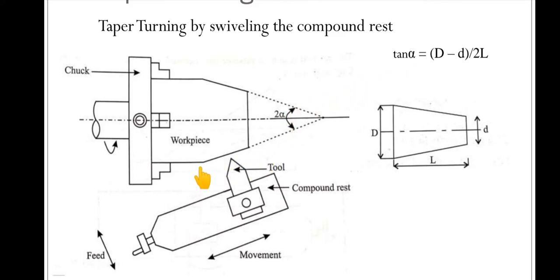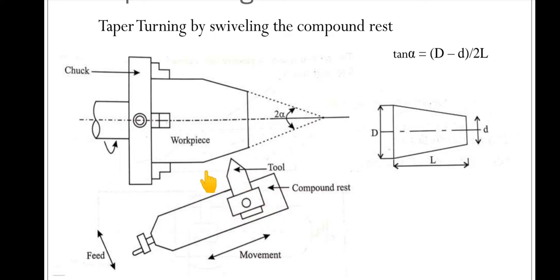If I want to calculate this angle, we have the formula tan alpha is equal to (D minus d) by 2L. What is D? Capital D is the larger diameter of the taper, small d is the smaller diameter of that taper, and L is the total length of the taper. If we use this, we will get this alpha, and with the help of this alpha we can rotate this compound rest and give an angle, then the feeding will take place.